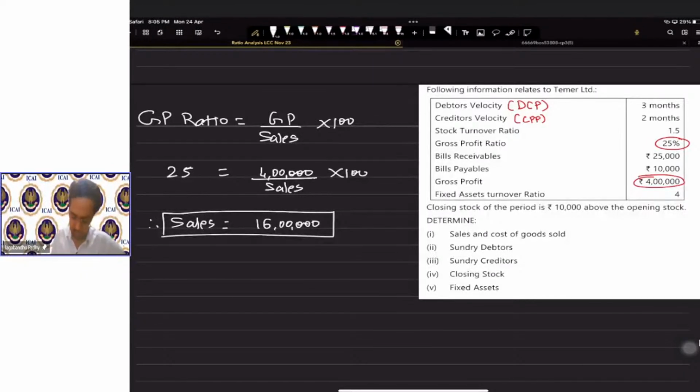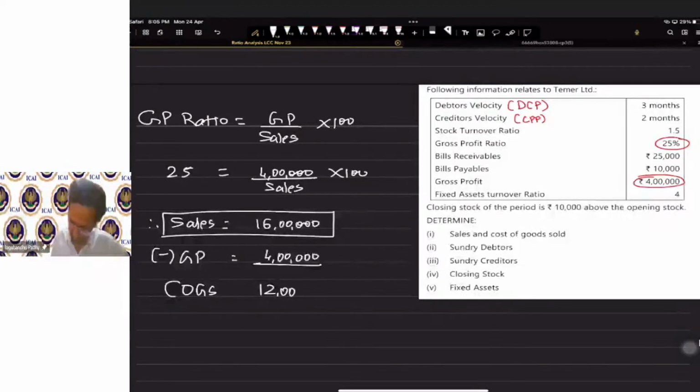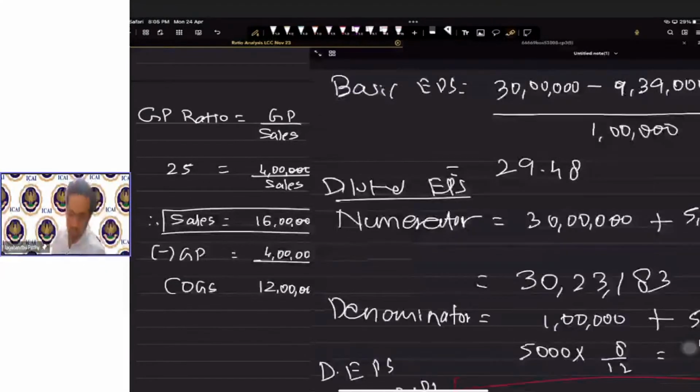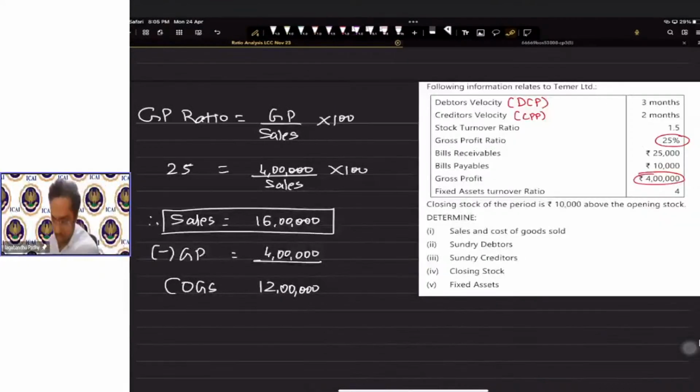And then from this, if you subtract the GP, which is 25%, that's 4 lakh, you have the COGS as 12 lakh. Right? So COGS is 12 lakh. Now using COGS, which ratio can I really use for computation purpose?